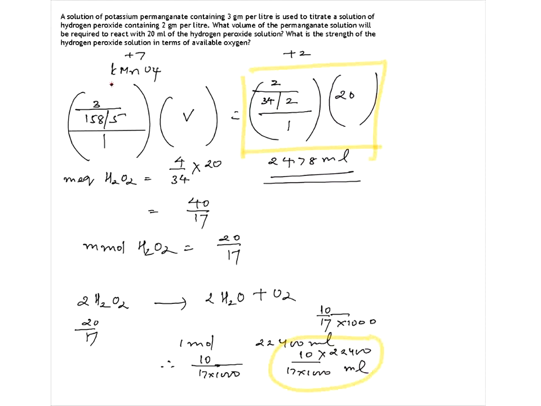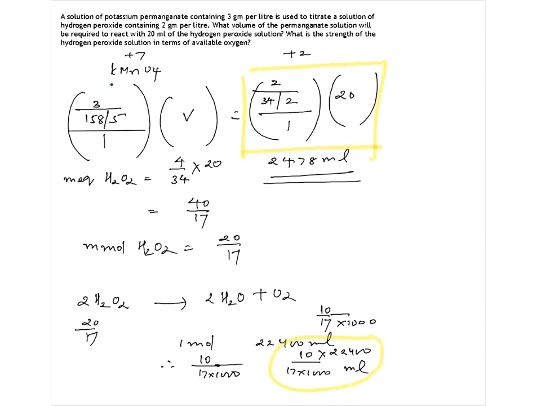Well, you just take it that manganese has +7 character in KMnO4 and it becomes +2 character on the right side after the reaction with hydrogen peroxide.